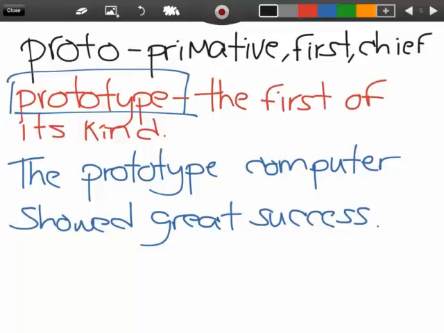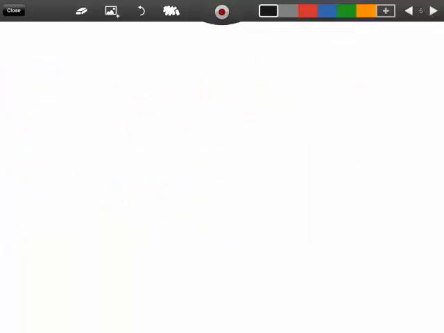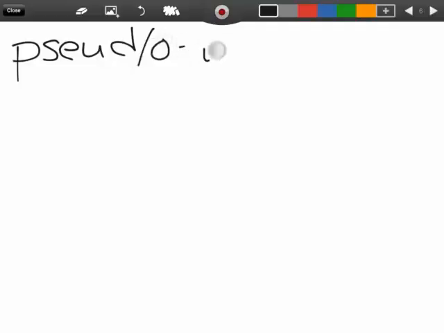Moving on to our next root, which is pseudo. And pseudo means wrong or false.